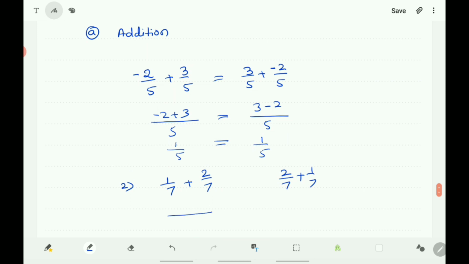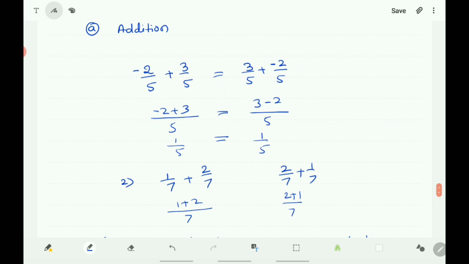Here 1 by 7 plus 2 by 7 and 2 by 7 plus 1 by 7. The LCM is 7 and here 1 plus 2 and here also it is 7, 2 plus 1. You know that here this is 3 by 7. This is also 3 by 7. Therefore, 3 by 7 is equal to 3 by 7.